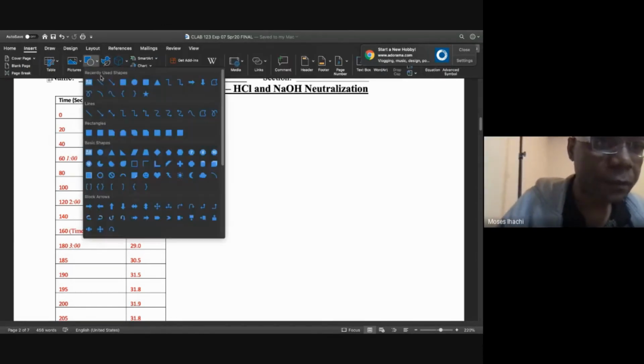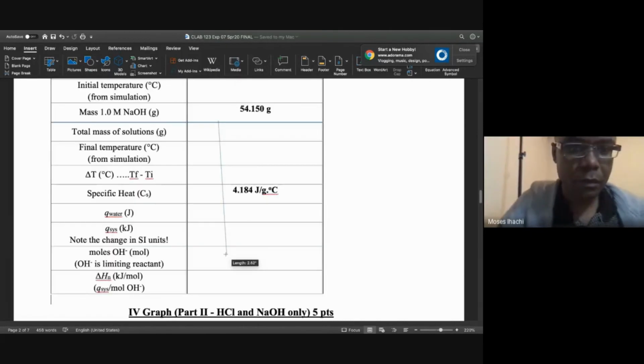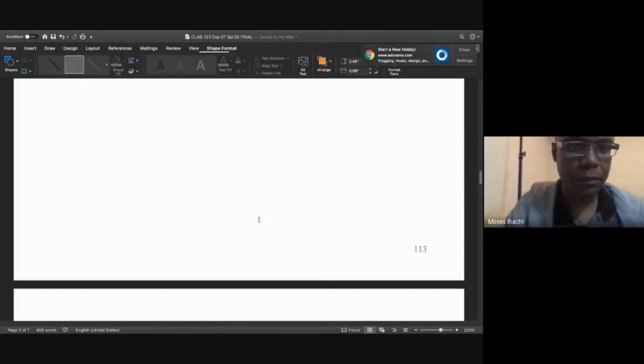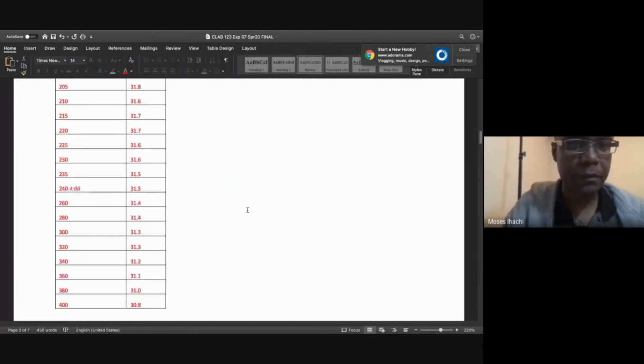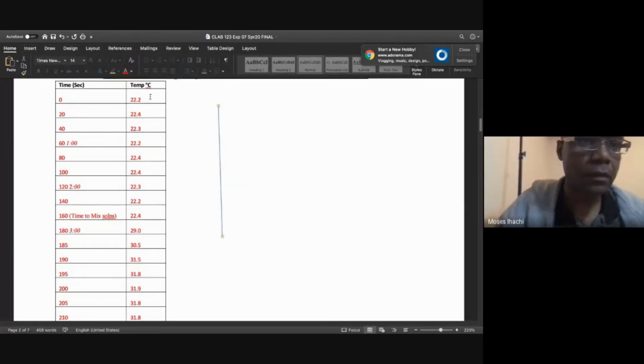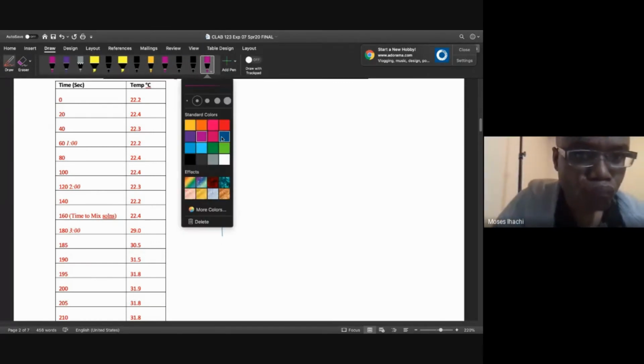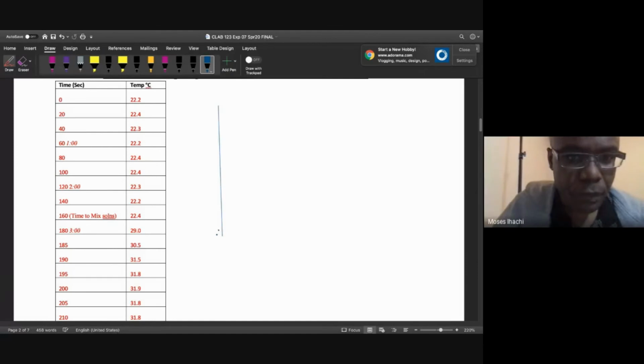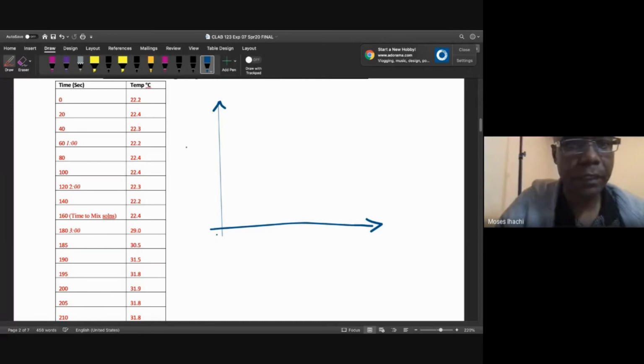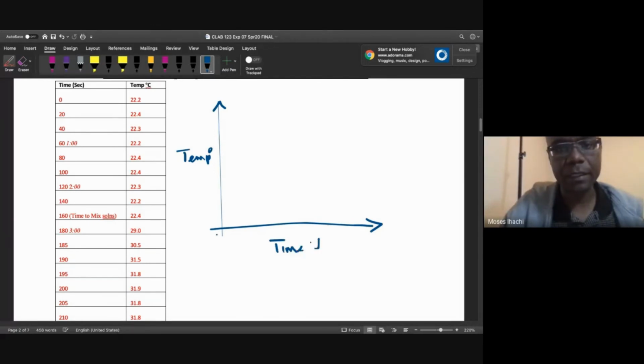Let me just use a pen. So suppose this is your graph. This is going to be your temp, and this is going to be your time, in seconds. This is how you label your axis. Temp in degrees Celsius.